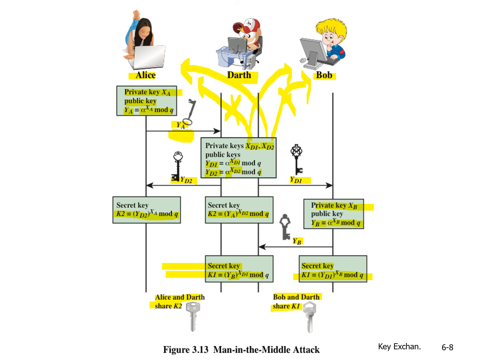Also, Bob considers K1 as the secret key between Bob and Alice. But Das is attacking this system.